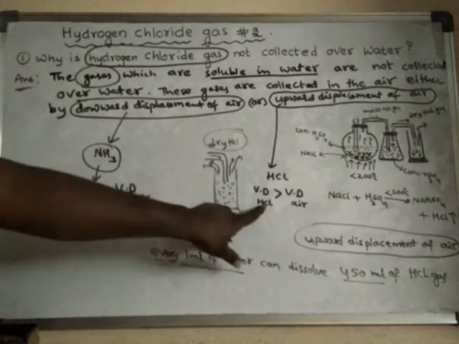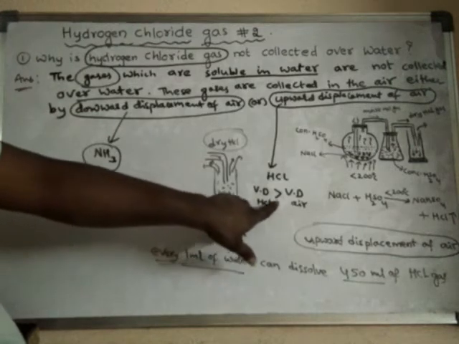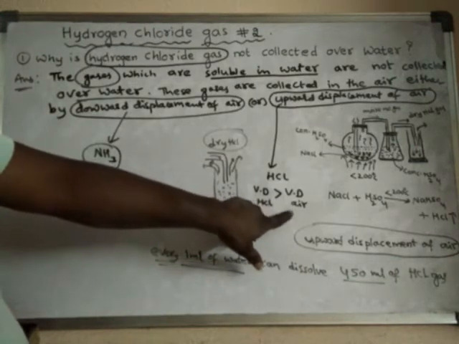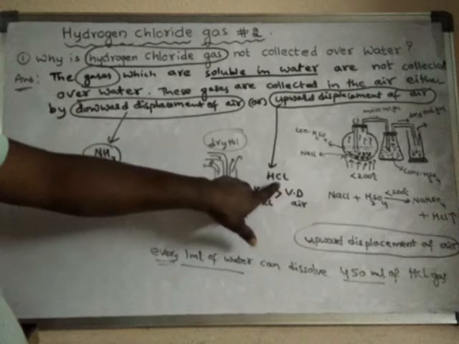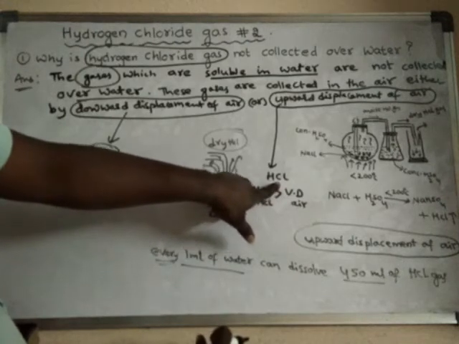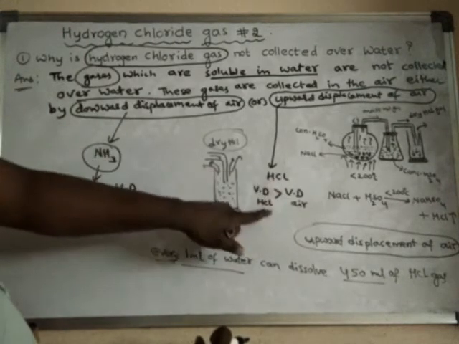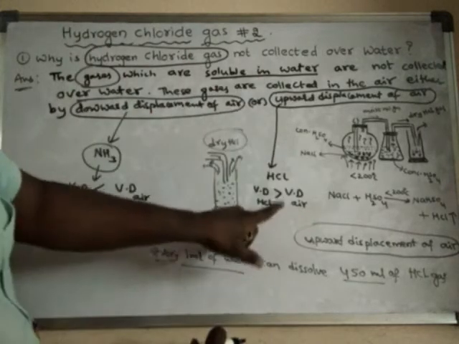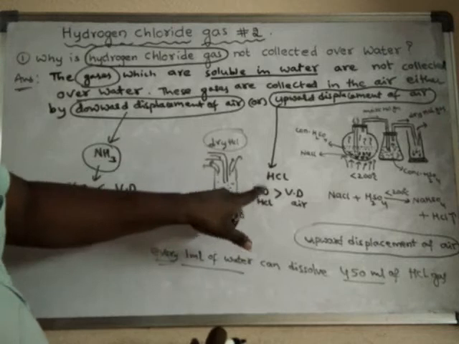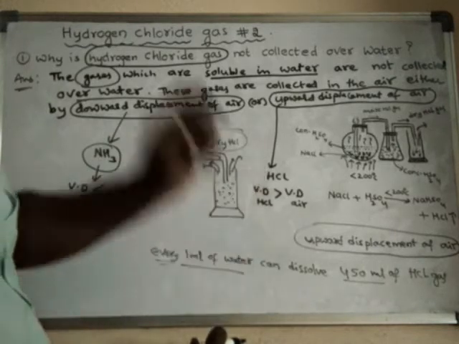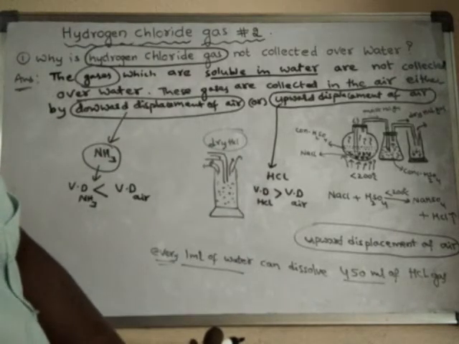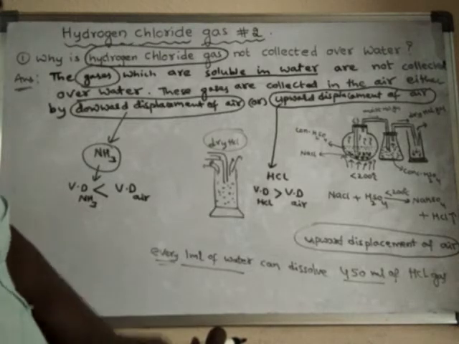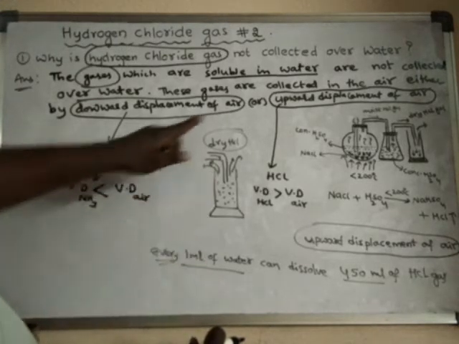When the vapor density of a gas is more than the vapor density of air, and the gas is soluble in water, it should not be collected over water. It is collected in air, and by which method?